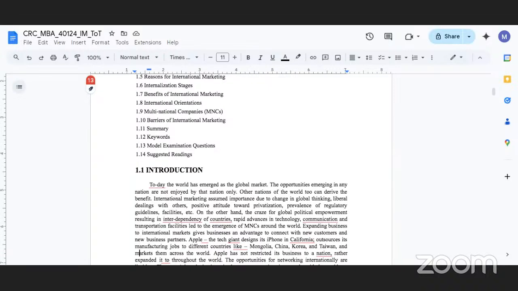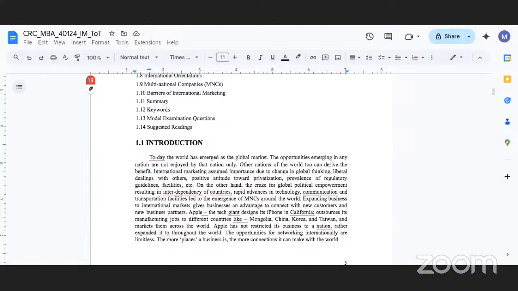Today, the world has emerged as a global market. The opportunities emerging in any nation are not enjoyed by that nation only. So, other markets and other nations also can derive the benefit as we discussed earlier. This has changed over a period of time.